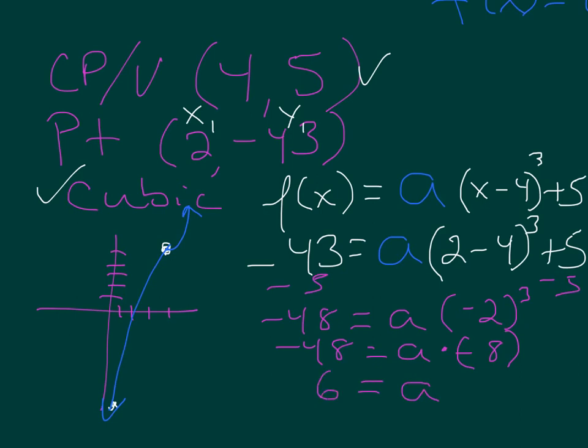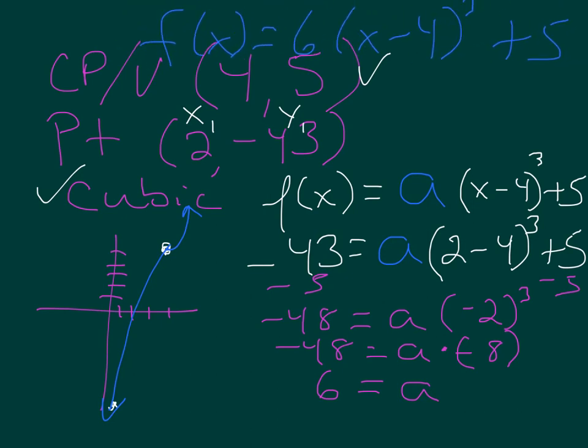So that's awesome. Now I can go back to the equation where I had f of x and the variable x, and put that 6 in for a.